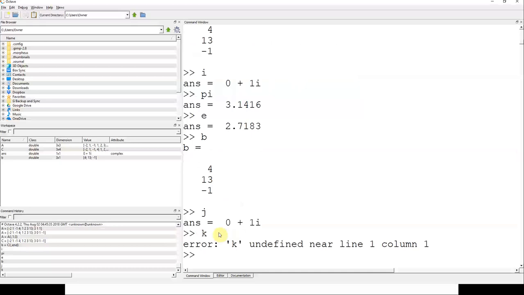If you don't give an assignment, just an operation, and you didn't tell it to save it to something, it saves it to a variable called ANS. You're going to see ANS keep changing.